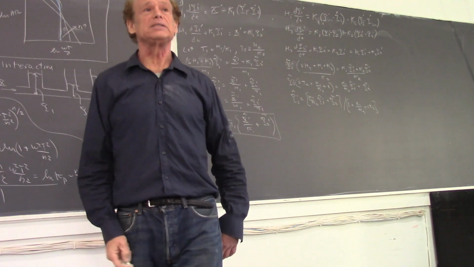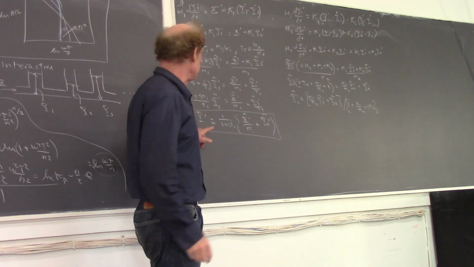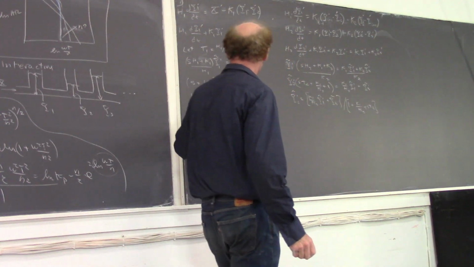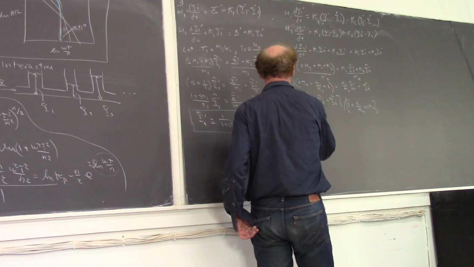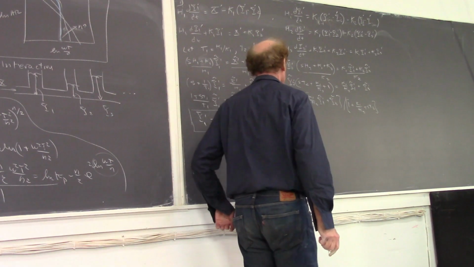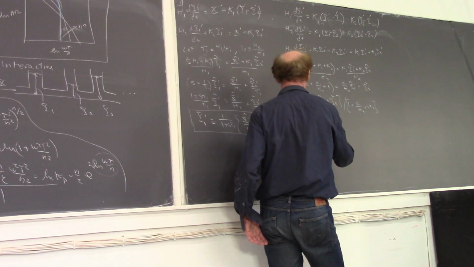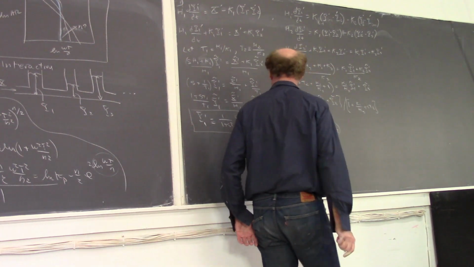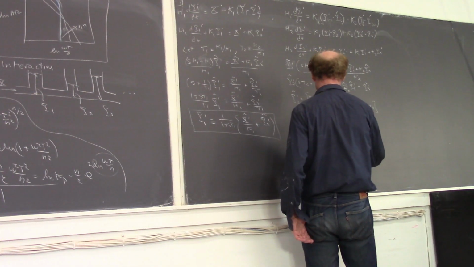Well, that would be nice, but right now I want to plug in for y1 prime tilde. So I'm going to plug in for y1 prime tilde what I have here. So let's see what I get. So this says y2 prime tilde is equal to, well, this comes along for the ride, 1 over (1 plus k1 over k2 plus sT2). And now I want this to come along for the ride also, 1 over (1 plus sT1).